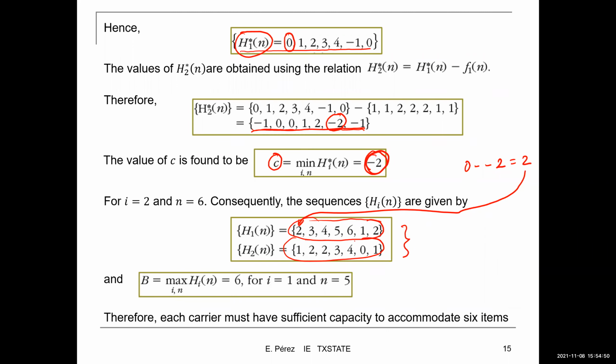Looking at the flow of these carriers for 7 periods, the maximum number of parts that you're going to have in a carrier will be 6. So based on that, we conclude that you need at least 6 spaces in each carrier for this conveyor. Therefore, each carrier must have sufficient capacity to accommodate 6 items.